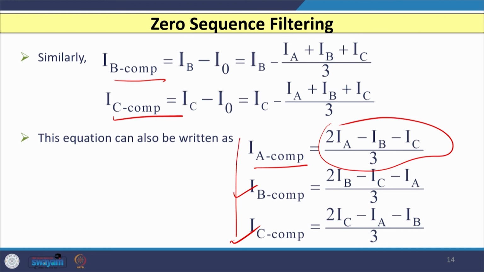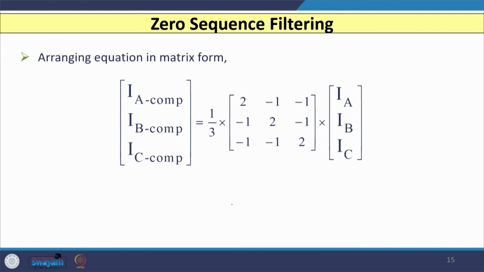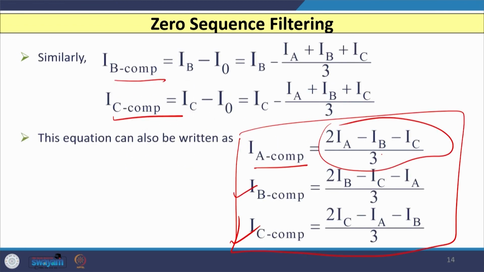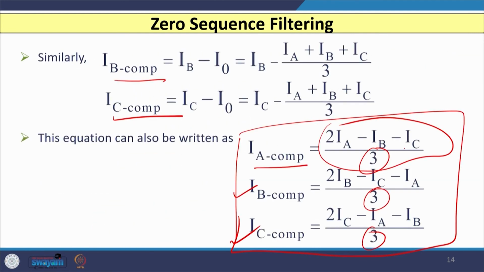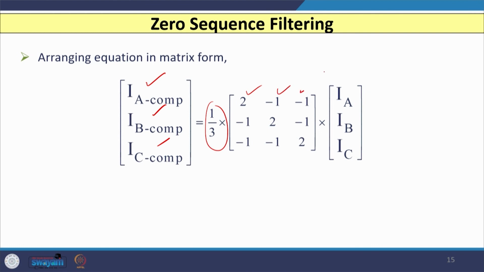If I write this equation in matrix form, I have the 3 currents on the left hand side, the compensated currents in A phase, B phase and C phase: IA compensated, IB compensated and IC compensated, given by 1/3, since the 3 is common here. In A phase you have the coefficients 2, minus 1, minus 1.